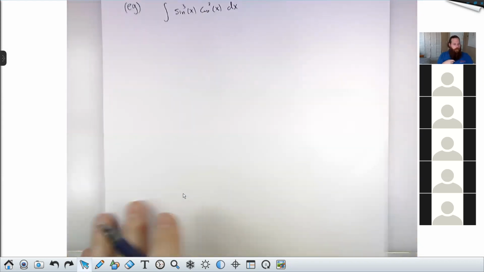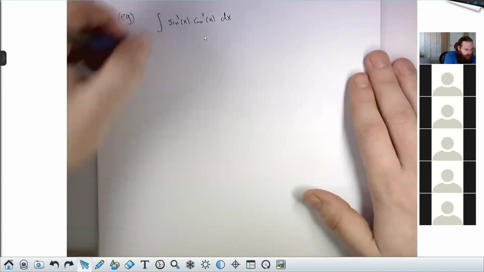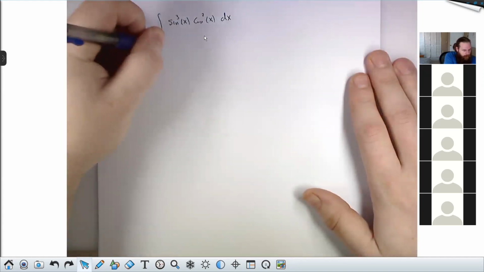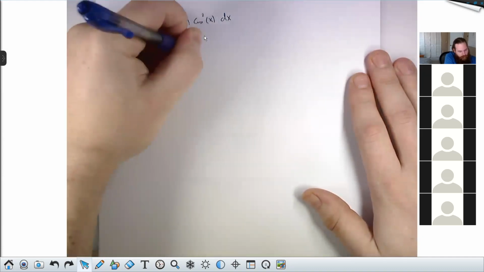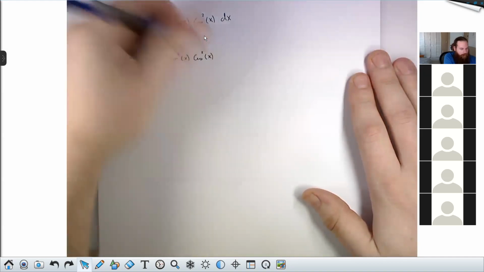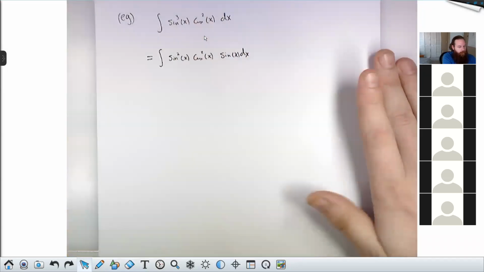So this one's fun because it's definitely not obvious at the start what we should do. I can't integrate sine cubed and cos squared on their own. Integrals don't play nice with multiplication anyway. But what I can do is set one copy of sine x over here with the differential.